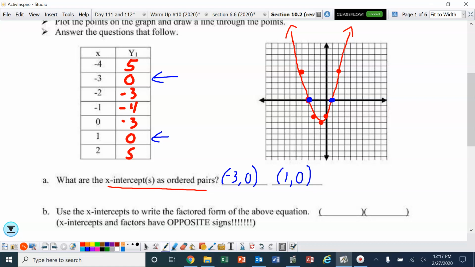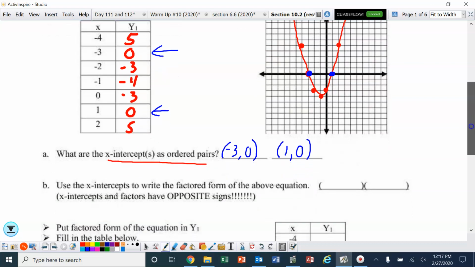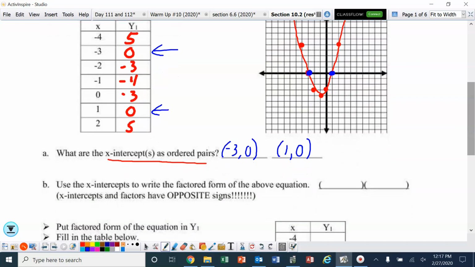Use the x-intercepts to write the factored form of the above equation. We've done this earlier in the year. What does it say? It says x-intercepts and factors are opposite signs. So to write our factored form, each one of these begins with an x.